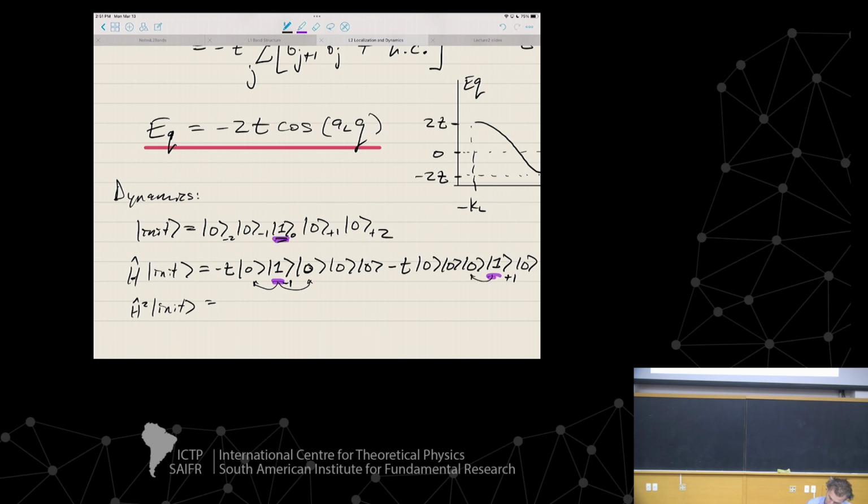And this one can go back or it can go further. And so you see what we have. We have minus, oh, now I guess it's plus t squared. And so we have 1, 0, 0, 0, 0. We have two ways to get to the middle. And then we have one way of getting out to the other edge.